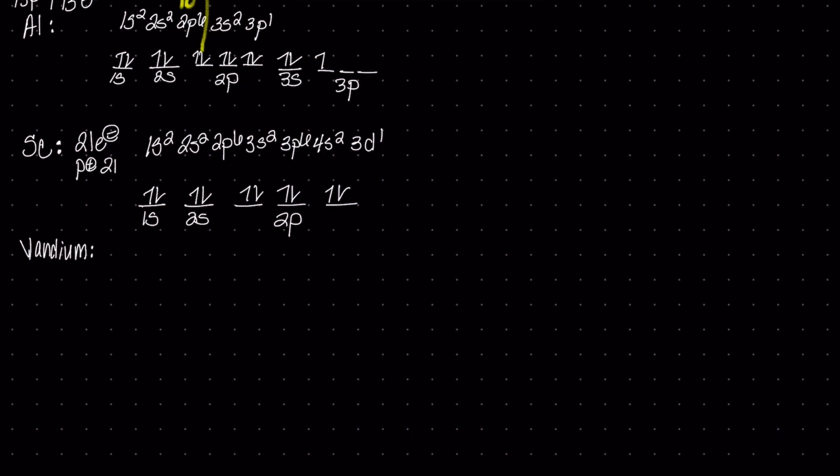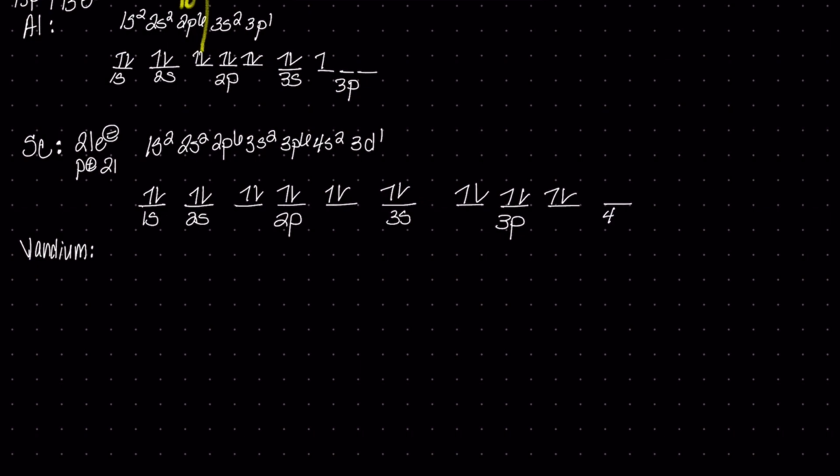Notice the pattern of how I fill them. Now I'm on from 2p to 3s, can hold 2. Now 3p6, so there's a p orbital that holds 3 rooms. I have 6 electrons in it. 1, 2, 3, 4, 5, 6.